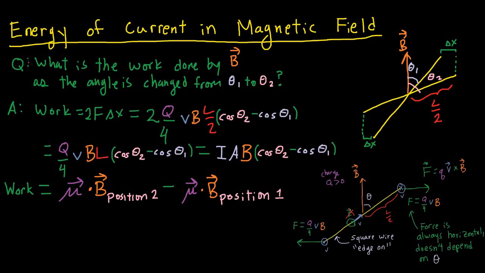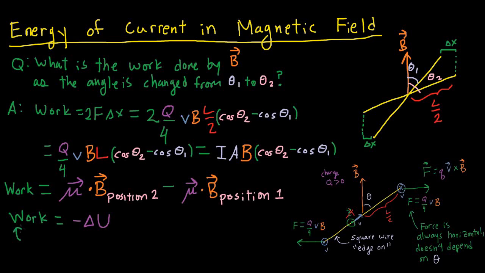So in order to figure out what the energy is, remember that the work done by the magnetic field is equal to negative the change in the potential energy of the configuration. So okay, why is this equation true? This is just true because of the conservation of energy.